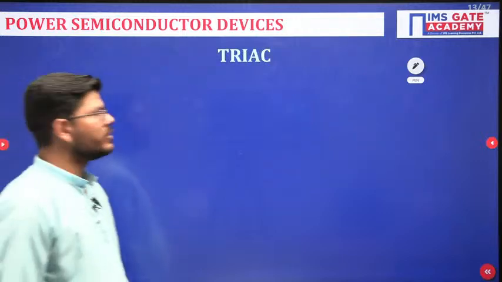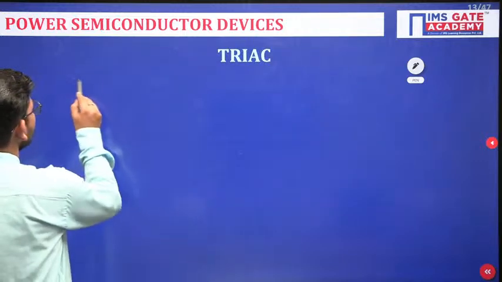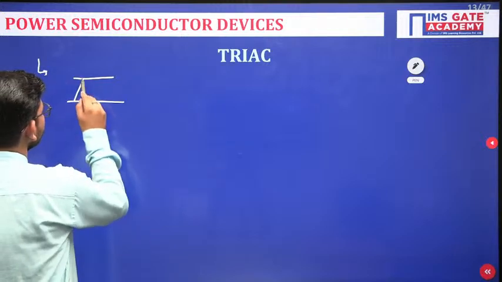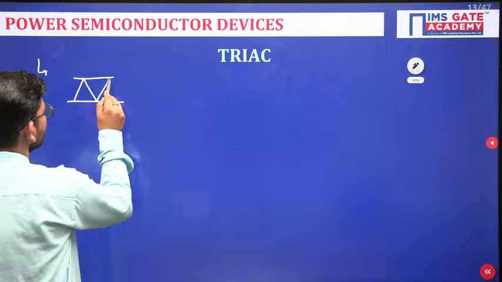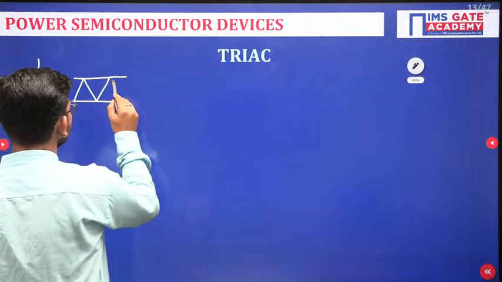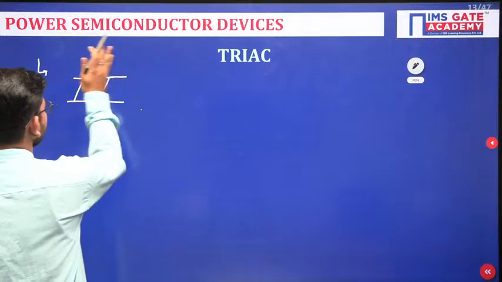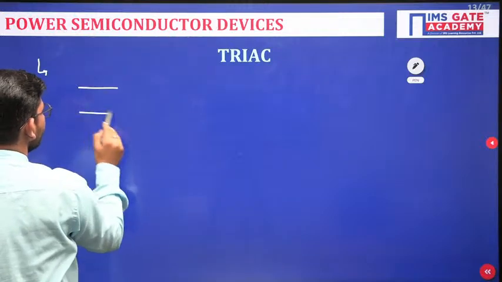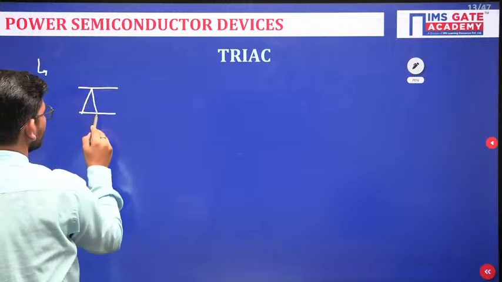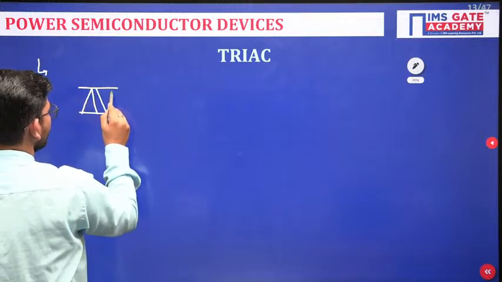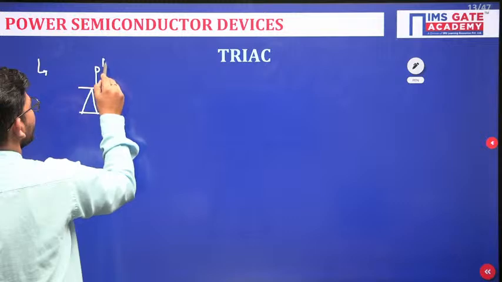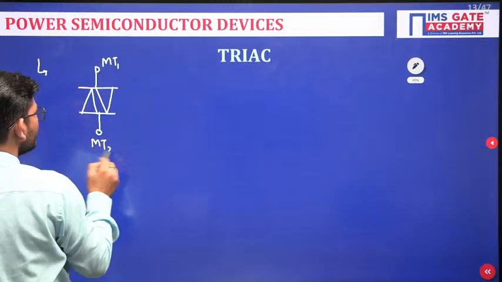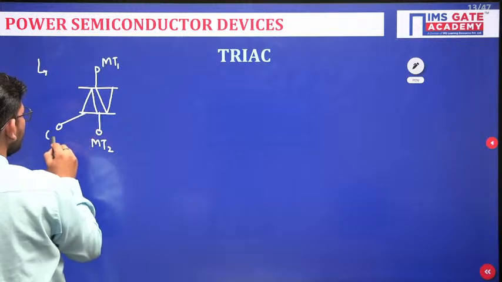Now Triac. When it comes to Triac, what is the circuit symbol? The circuit symbol of Triac is something like this. We have the MT1 terminal, the MT2 terminal, and a gate terminal.